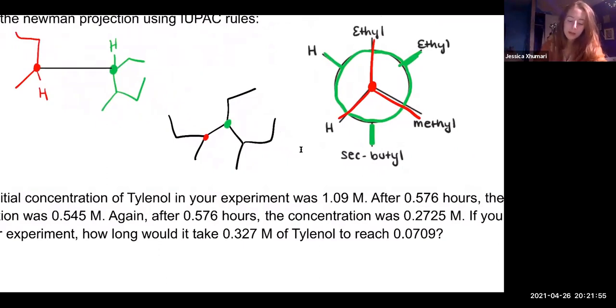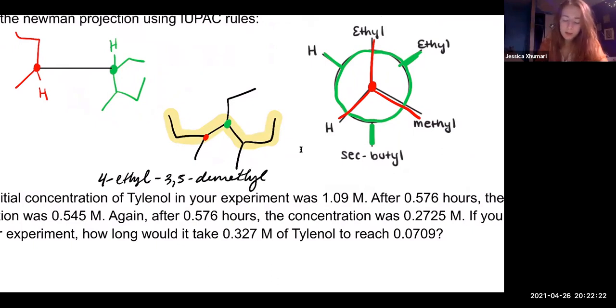If you do that, you should get, I believe, this chain. And because this is symmetrical, it doesn't matter which way you start from. And so you should get 1, 2, 3, 4 ethyl, 3, 5 dimethyl, and then there's a total of 1, 2, 3, 4, 5, 6, 7 heptane.